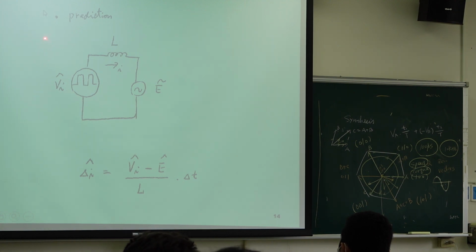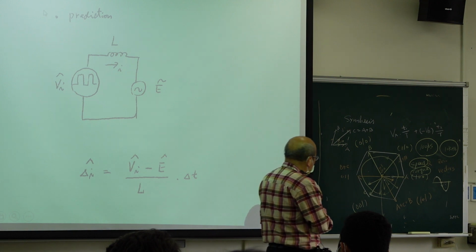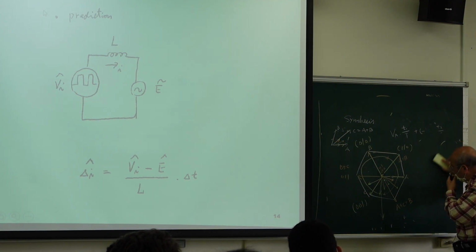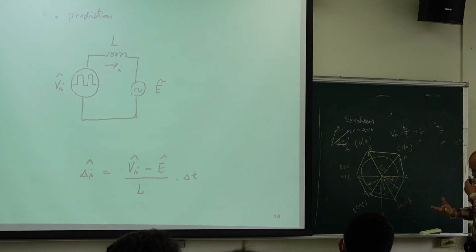And recently, people say, oh, this is not good. We need better. So how can we get better than this one? People ask one question. If you control the motor, do you need a current or do you need a voltage?